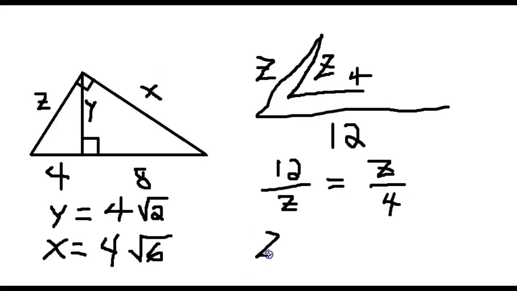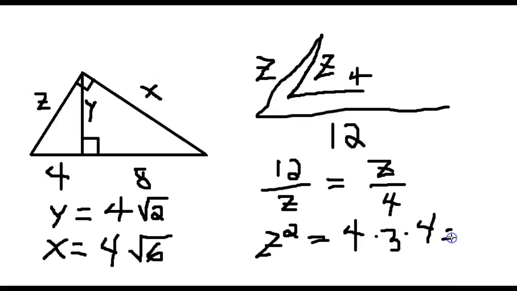And we get z squared is equal to, once again, let's write this in semi-factorized form, 4 times 3 times 4.